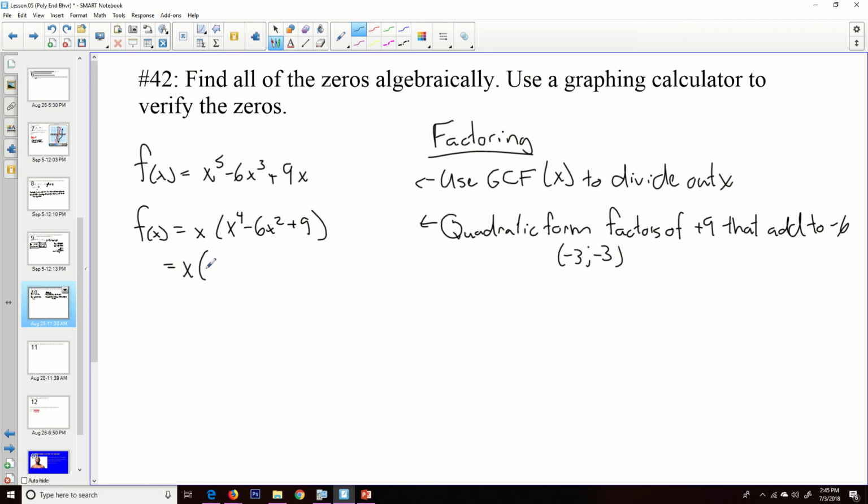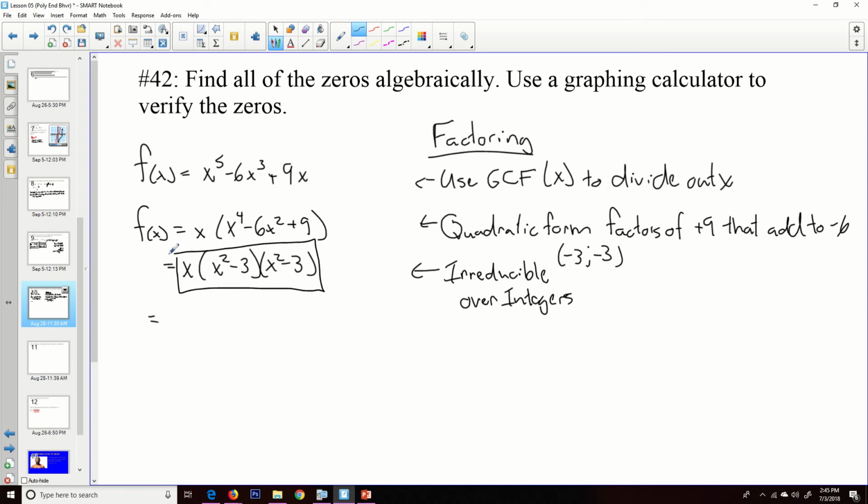So I've got x times x squared minus 3 times x squared minus 3. This is irreducible over integers. So this is one possible answer.